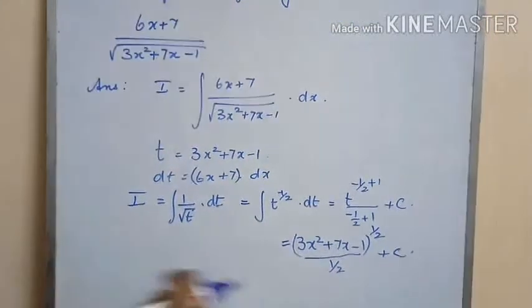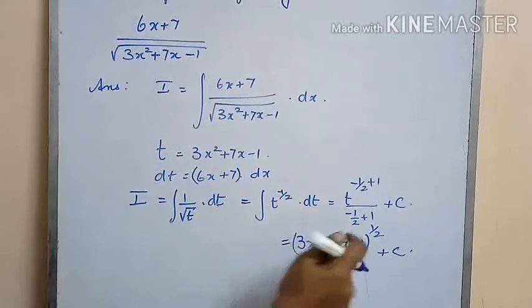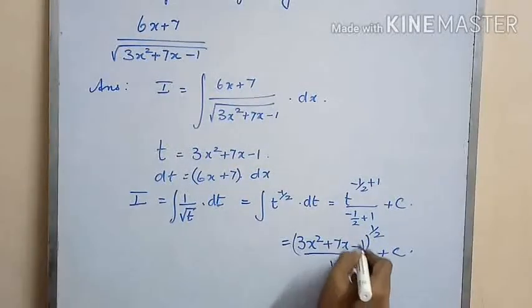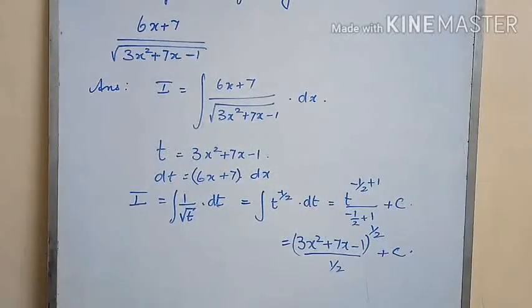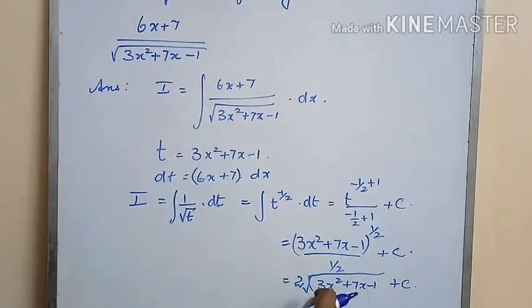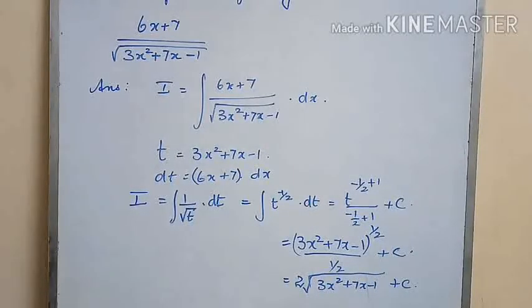So the final answer will be, this half can be brought to the numerator as 2. So we'll get 2 into the root of 3x² + 7x − 1 + c. This is the answer for this integration.